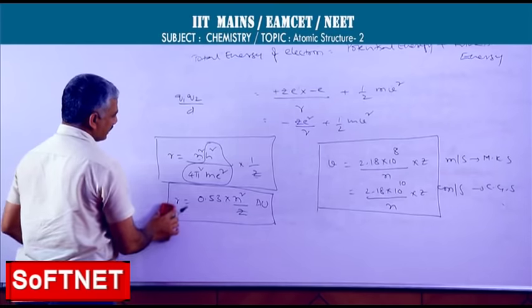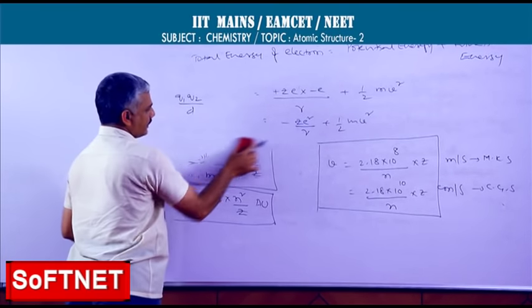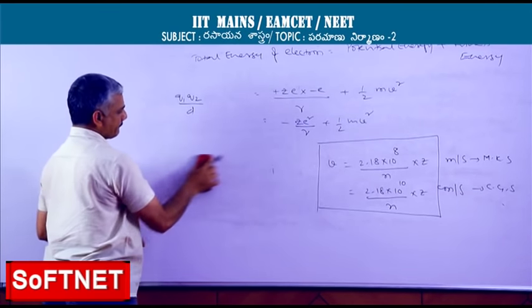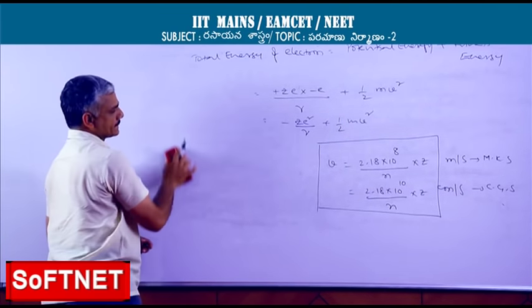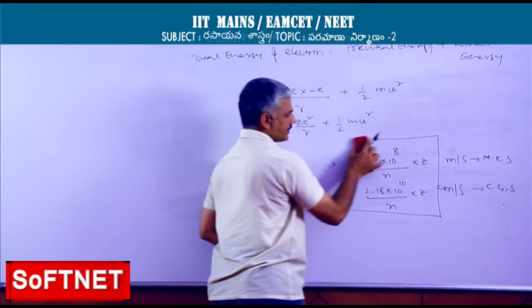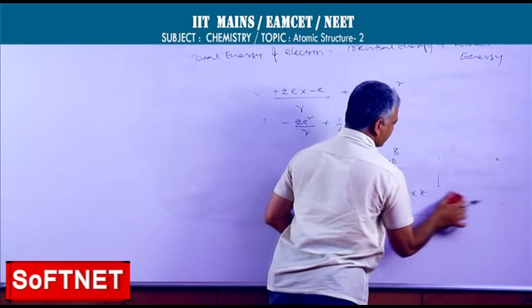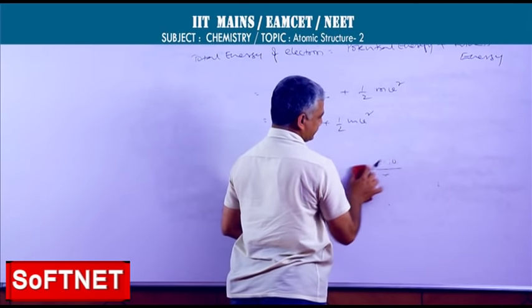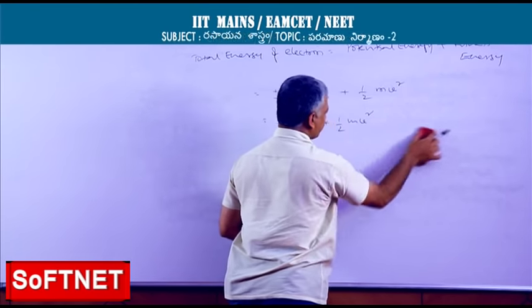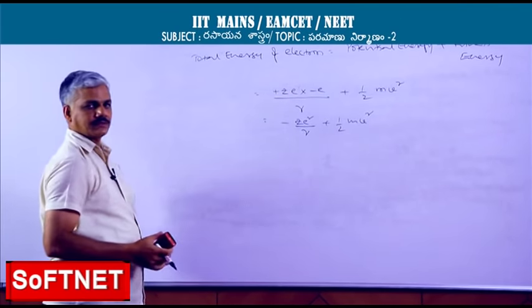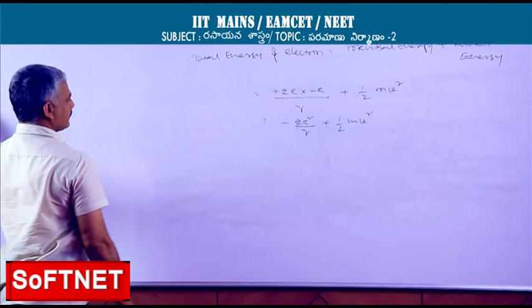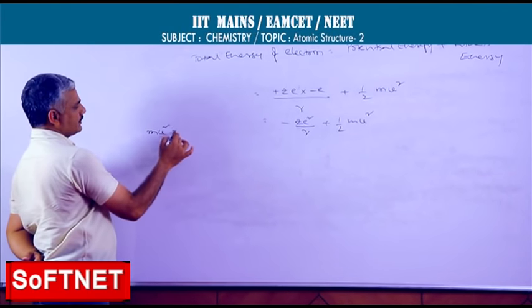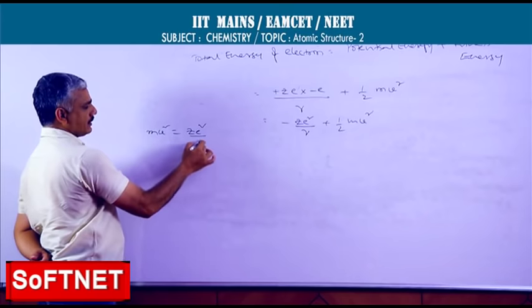But in the very beginning, when we equated the magnitudes of nuclear force of attraction and centrifugal force, we proved that mv square is equal to ze square by r.